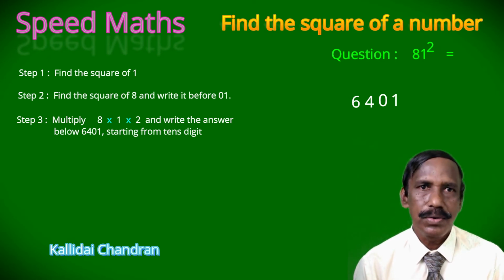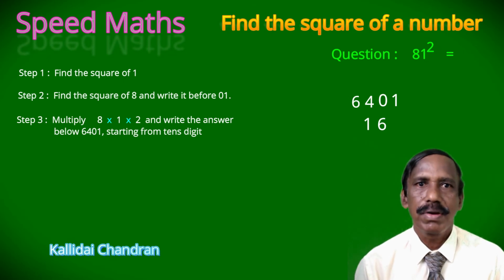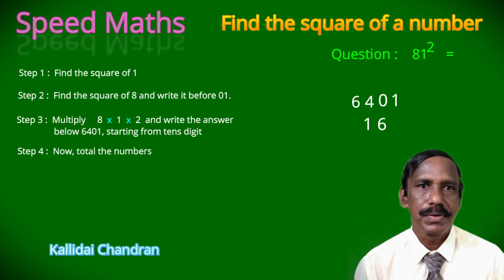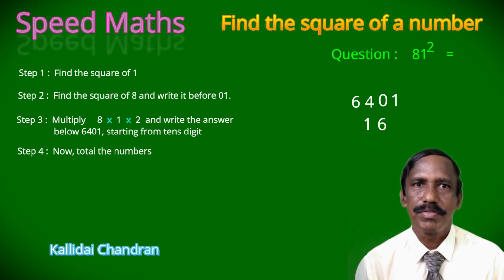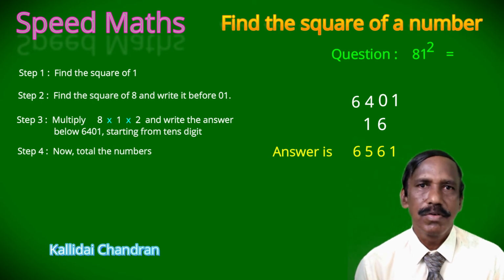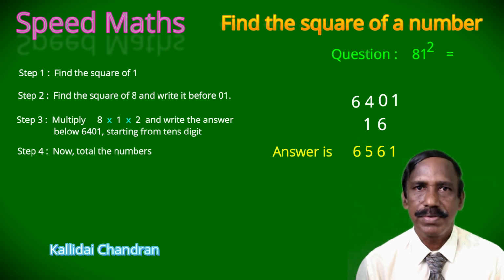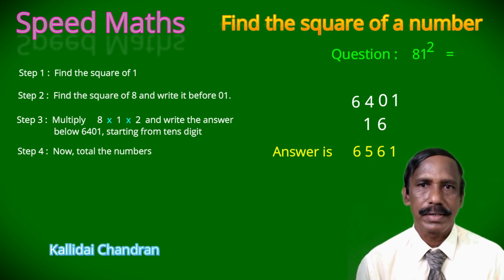Again 8 into 2 is 16. This 16 we have to write below 6401 and it should start from the tens digit. That is, we have to write 16 just below 40. Thus the answer is 1, 6, 4 plus 1, 5, then 6. So 6561 is the answer for 81 square.